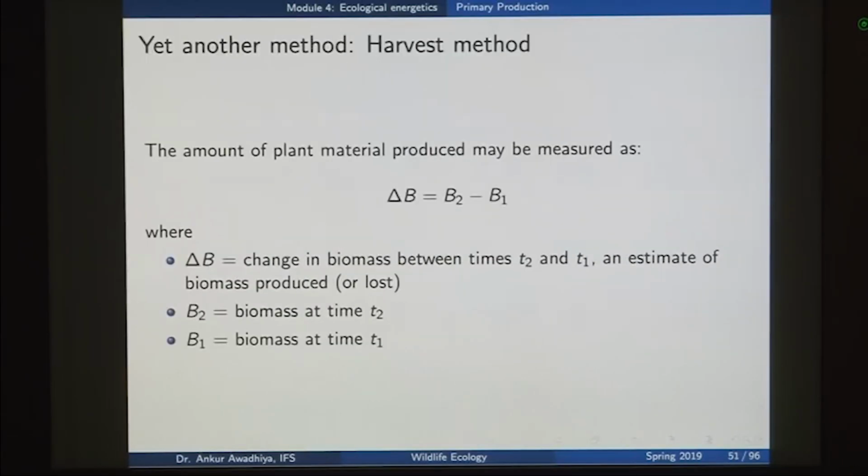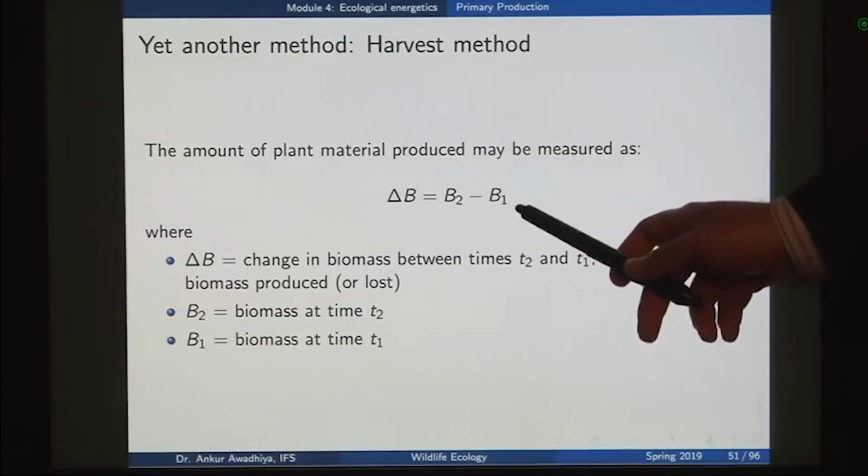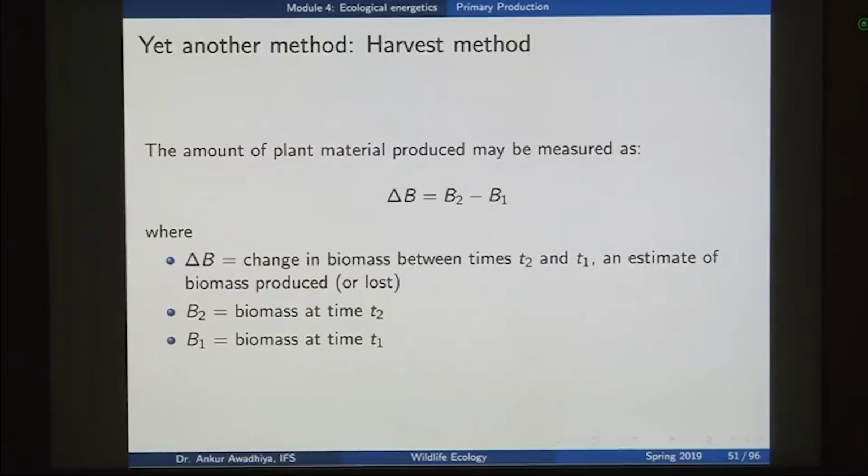Now, the third method, which is the easier method and is the most widely utilized method, says that the amount of plant material that is being produced can be measured as delta B, where B is the biomass. So, delta B is the change in the biomass between two time periods T2 and T1, and B2 is the biomass at time T2 and B1 is the biomass at time T1.